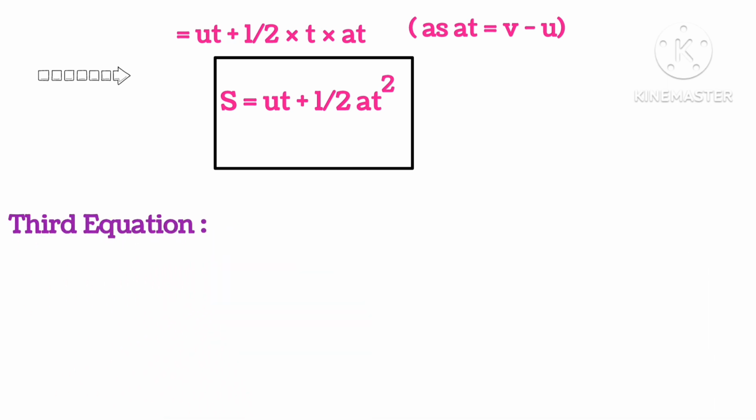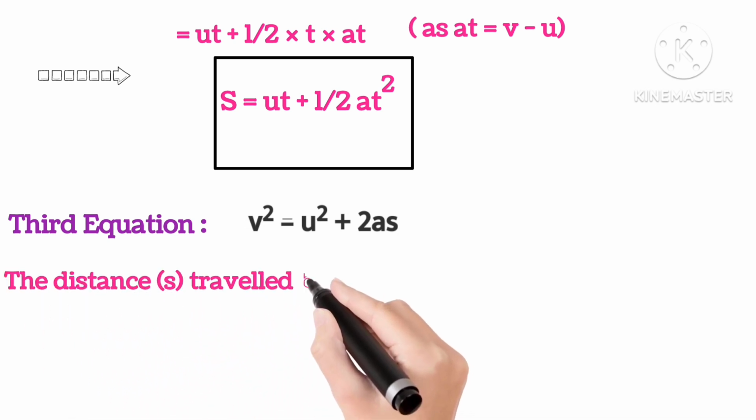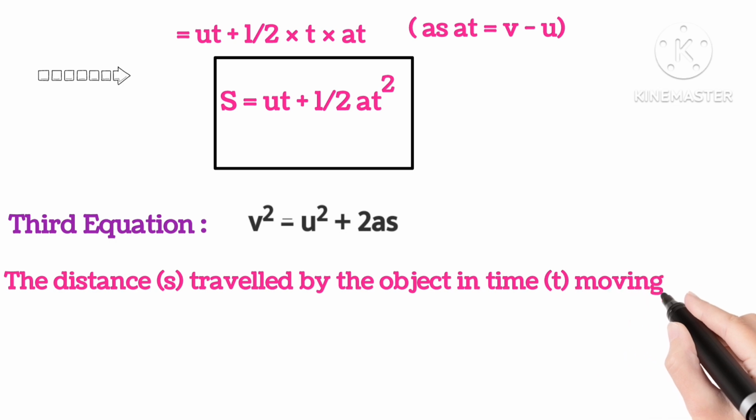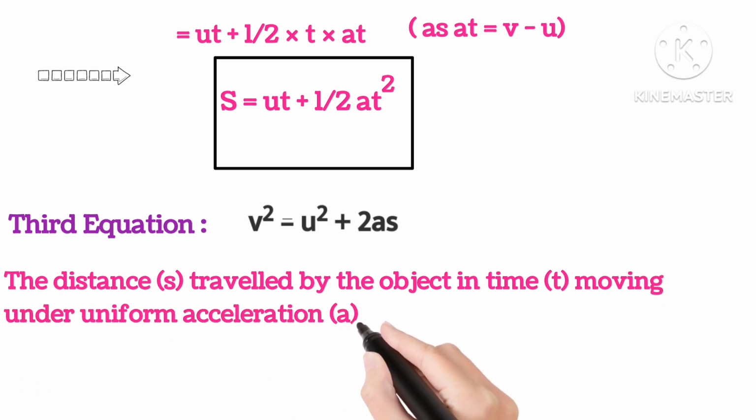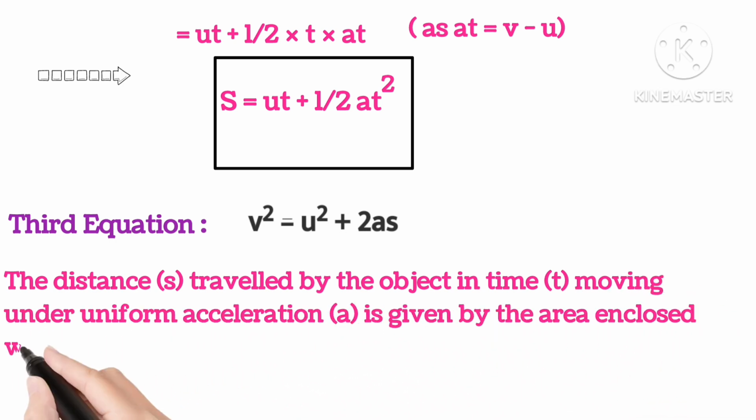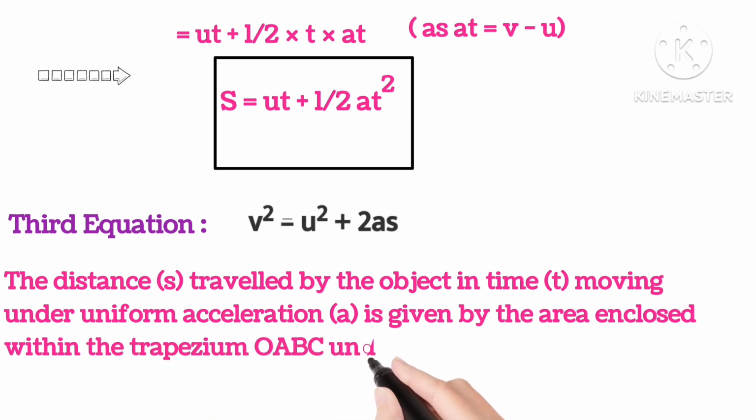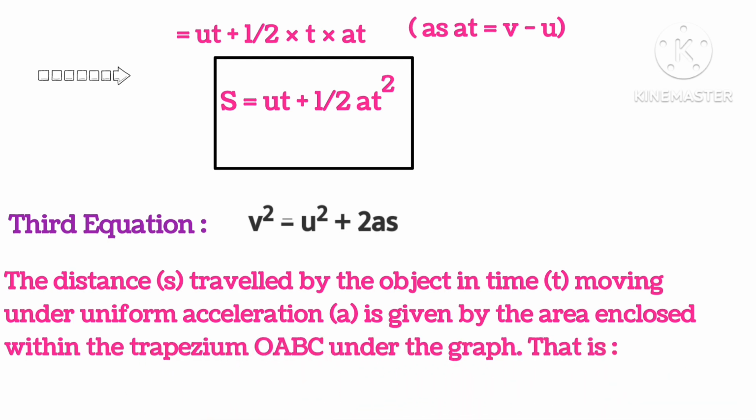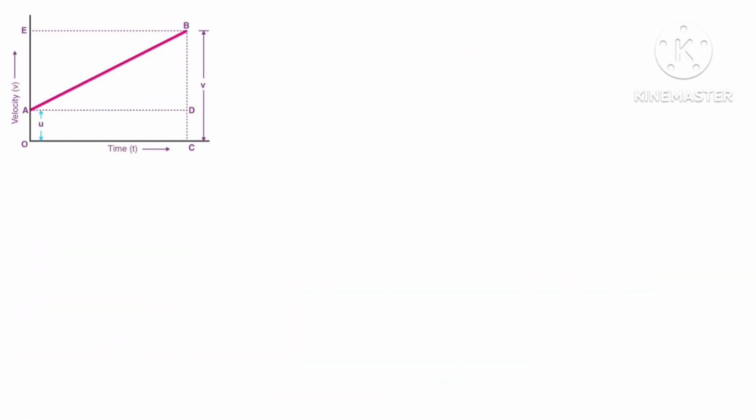Now the third equation of motion, v square is equal to u square plus 2as. The distance travelled by the object in time t moving under uniform acceleration a is given by area enclosed within the trapezium OABC under the graph. That is, S is equal to area of trapezium OABC.